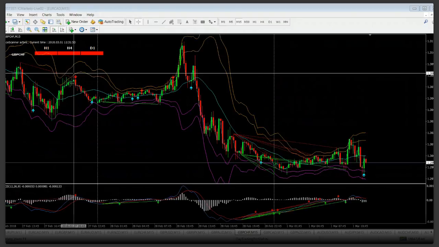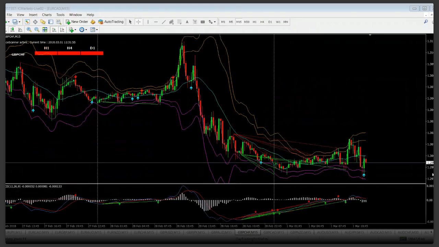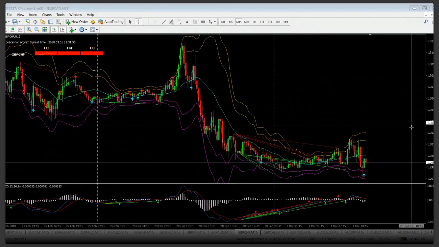Okay, so I've entered that on the trading accounts, British pound Swiss franc for a buy.